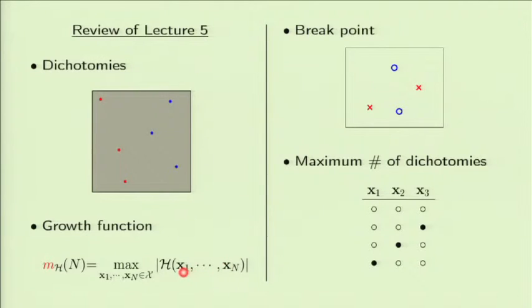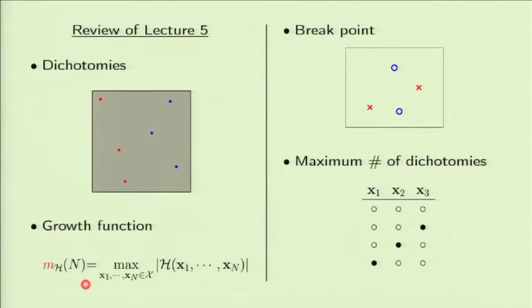So this will result in a pattern of plus or minus 1, n of them. And as you vary the hypothesis within this set, you will get another pattern, another pattern, another pattern. So you will get a set of different patterns that are all the dichotomies that can be generated by this hypothesis set on this set of points. And the number of those is what we are interested in. It will play the role of the number of hypotheses, and that is the growth function.